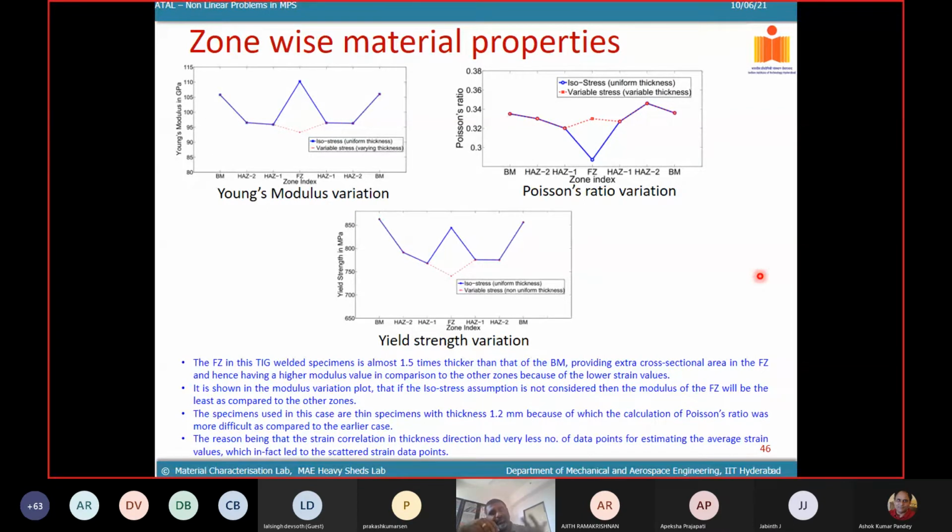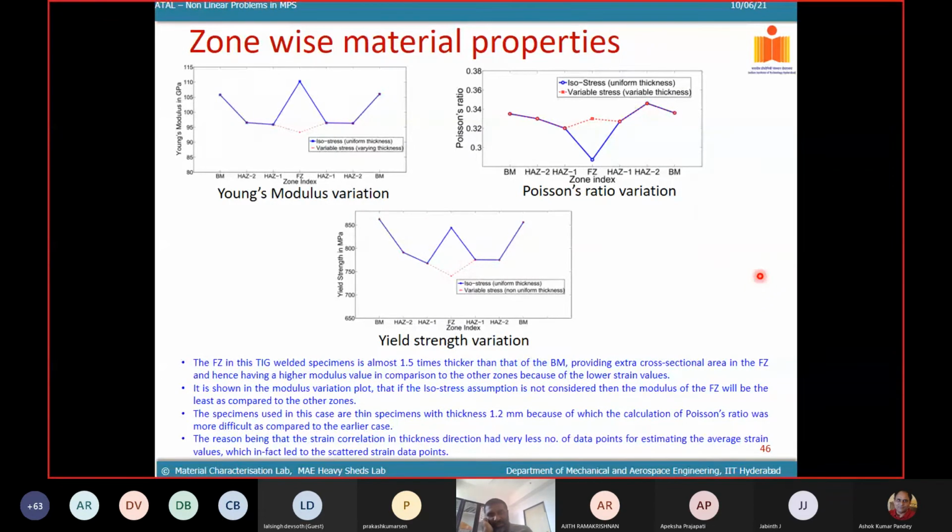So we have considered a uniform stress state, then a non-uniform stress state, carried out the measurements, and this is what the variations look like. When I consider non-uniform, if I include the total bead geometry also, because more material is there, your stress levels will go down. Typically, your Young's modulus also will go down, and your yield strength also will go down. So that's what happens when you consider the complete bead geometry.